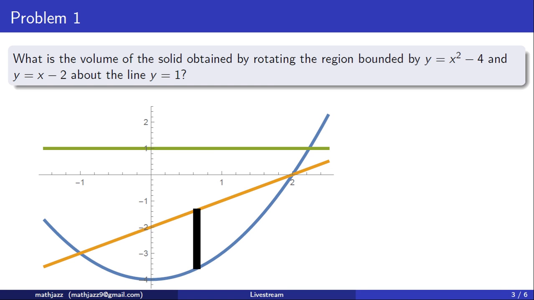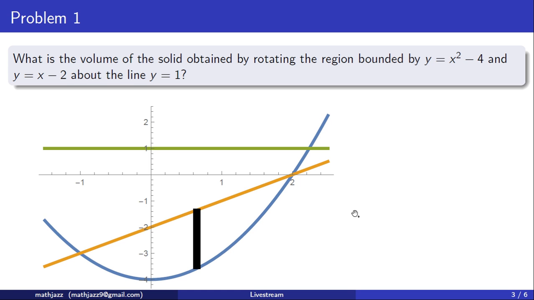From here, what we have to realize is that this black rectangle is not what we're actually going to integrate. Normally, when we find a representative rectangle, we let dx be the small side of the rectangle, find an equation that describes the tall side, and integrate that.